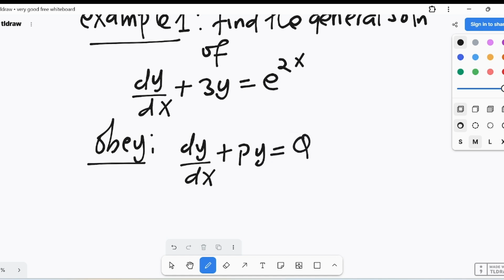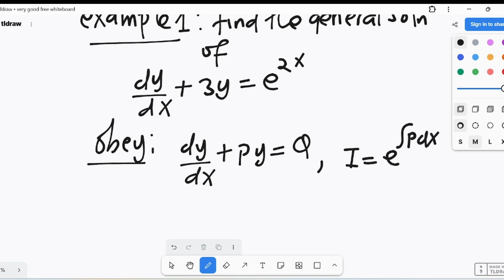Now, these are DEs that come from the exact DEs. But for these ones, we have to use something called the integrating factor. And the integrating factor I is always e to the integral of P dx.